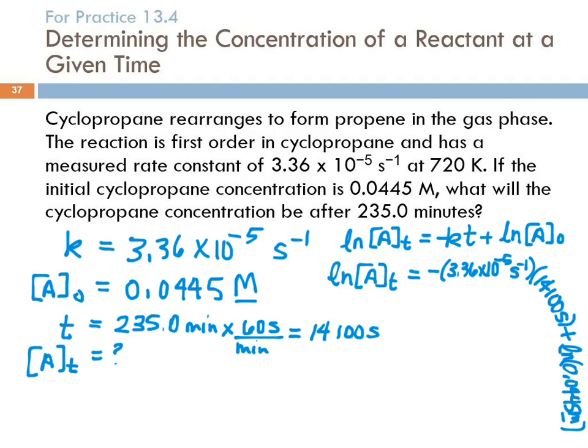I'm going to start at the end, 0.0445, and take the natural log of that. And then I'm going to add 14100 times 3.36 EE minus 5. Oh, I forgot to change the sign before I did that. I'm going to start over. Natural log. Okay.